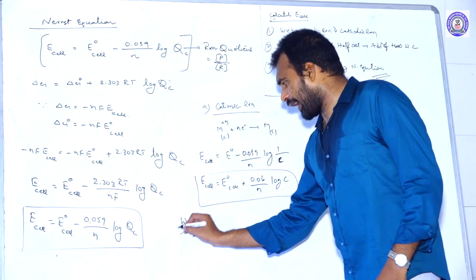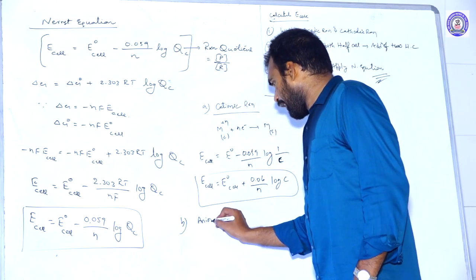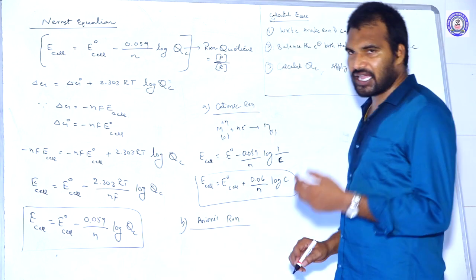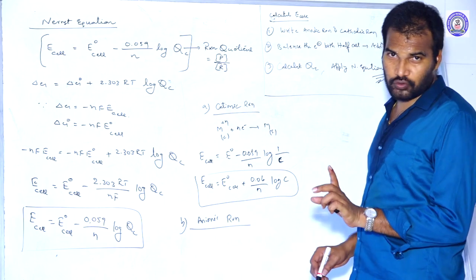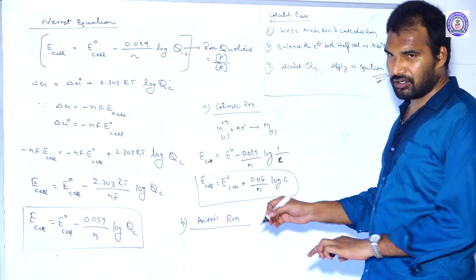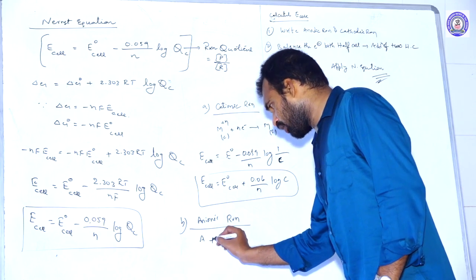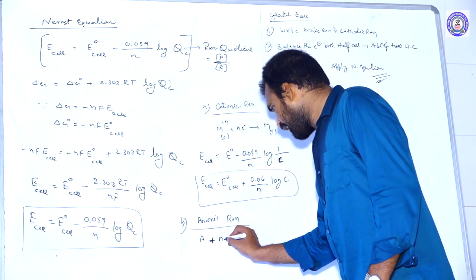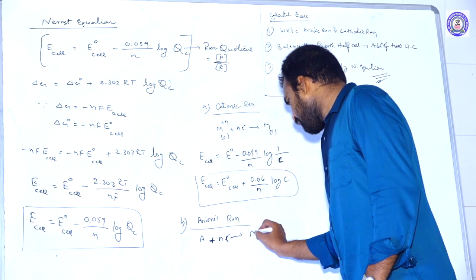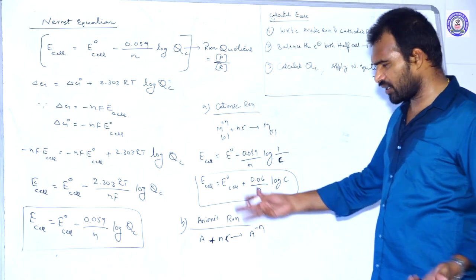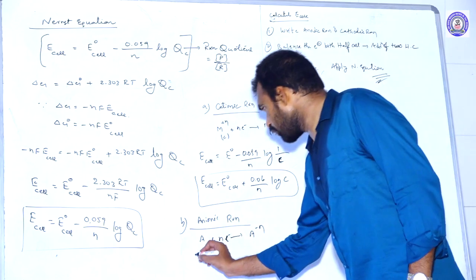Next, the anionic reaction. Anionic reaction means only reduction should take place here. With an anion, don't think that oxidation takes place. Reduction only. A is a nonmetal, gains N electrons and becomes A to the N minus. Reduction takes place. This is the anionic reaction. How will you write?